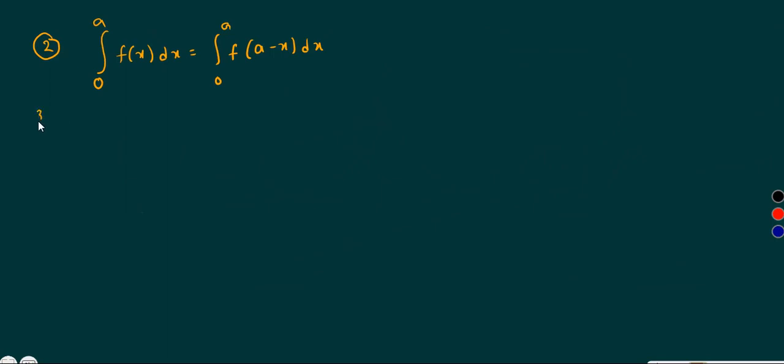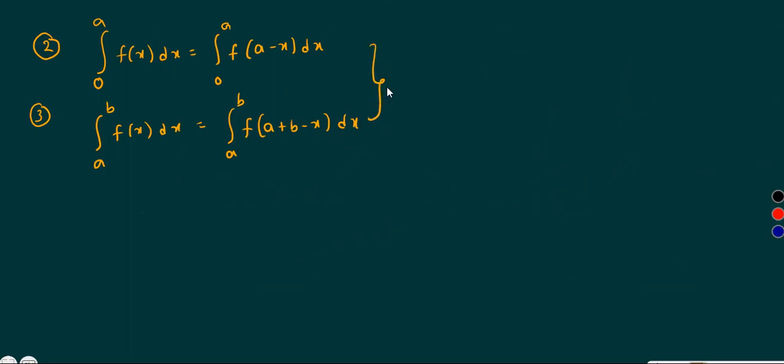Next one more formula: integration from a to b of f of x dx equals integration from a to b of f of a plus b minus x dx. Now see how to use these formulas.